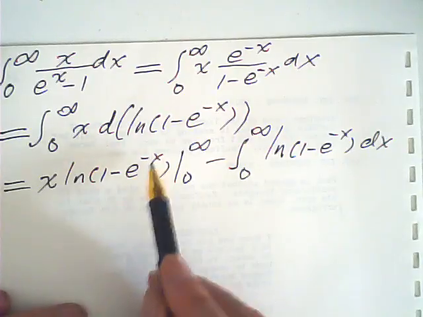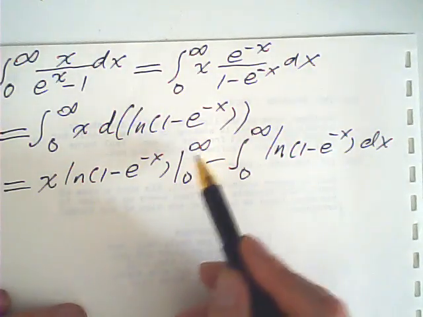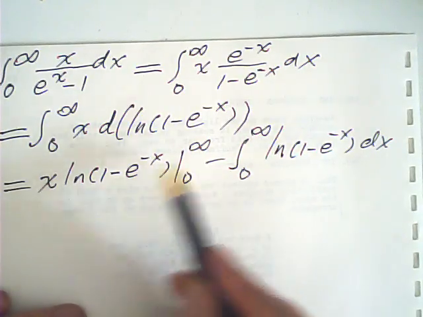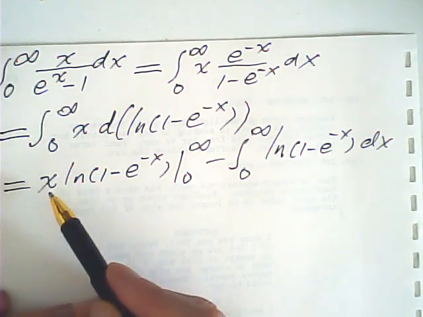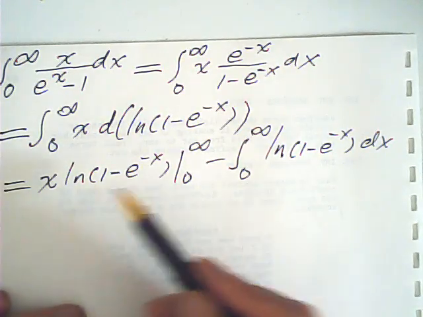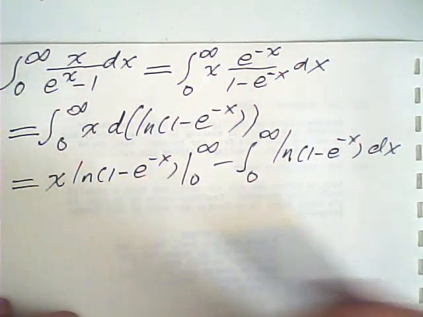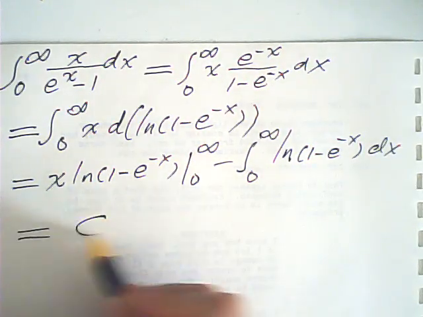So when x equals 0, this log 1 is 0, okay. When x equals infinity, this will be 0, log 1 is 0, and this is infinity, so we have to use L'Hopital's rule. I leave the job for you, okay? Just use L'Hopital's rule and end up with 0.